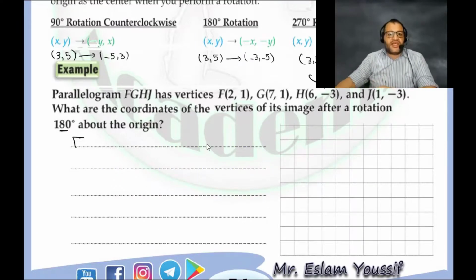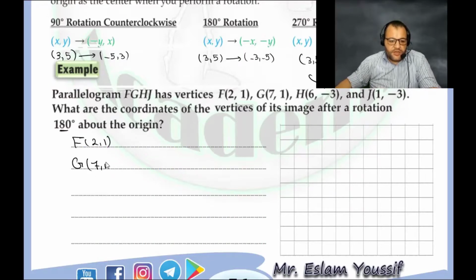What is the meaning of negative x? It means change the sign of the number that we have.